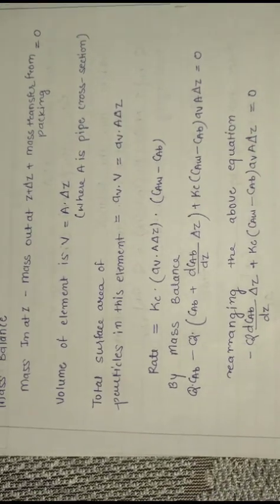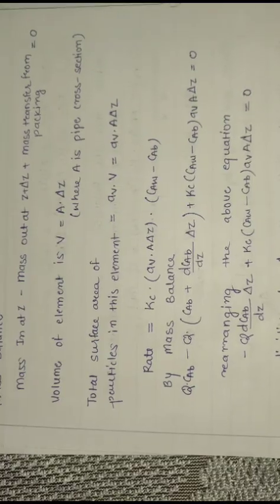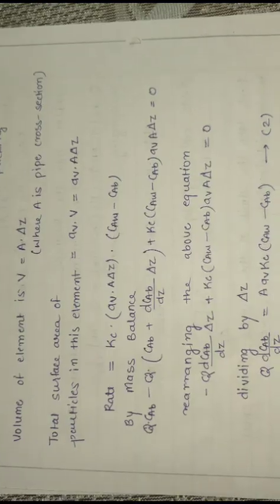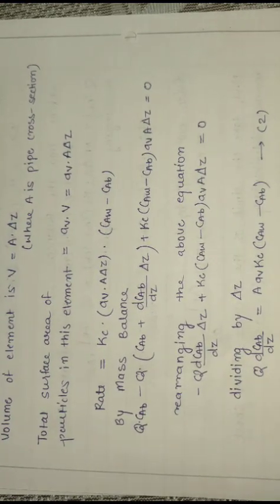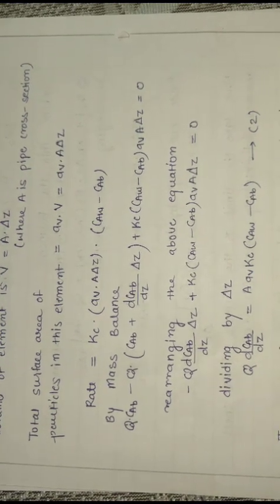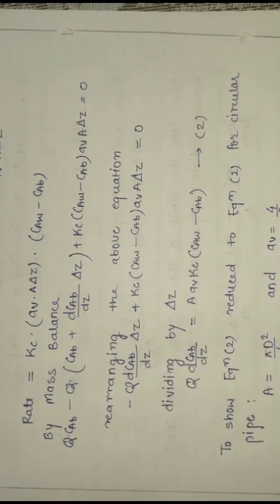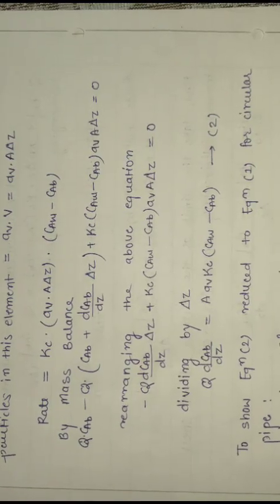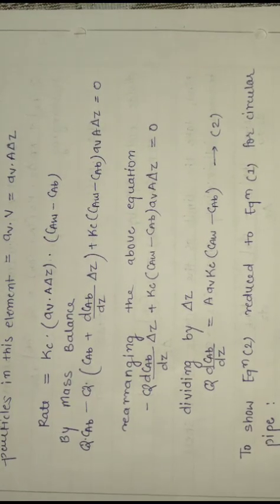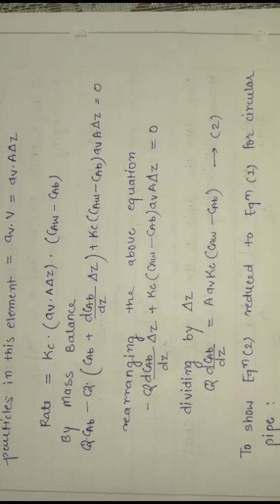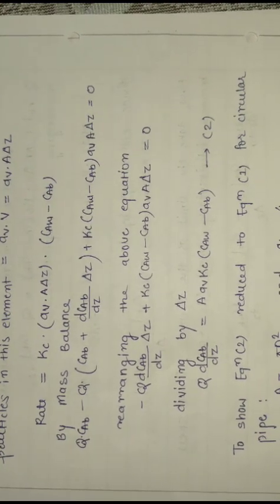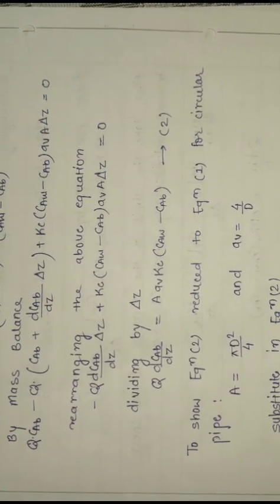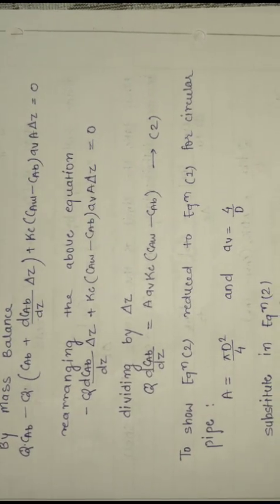Again the rate equation will be Kc times surface area times driving force. Again by applying a mass balance equation, rearranging the equation, and dividing it by delta Z, we will get the equation, that is Q times delta CA by delta Z equals AV Kc times driving force, which is reduced to equation 1 for a circular pipe having area pi d squared by 4 and AV equals 4 by d.